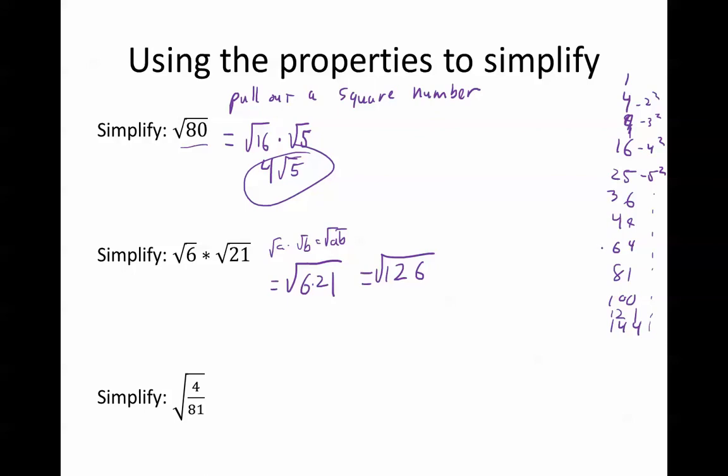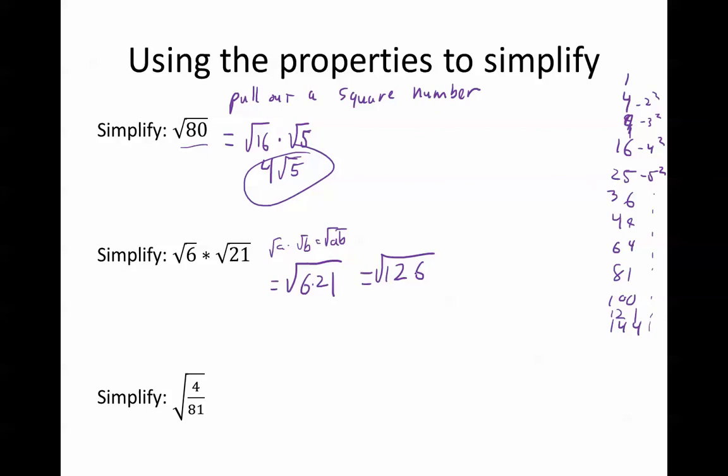Nope, 49 doesn't work. What about 36? 126 divided by 36. It looks close again, but nope, 36 doesn't work. 126 divided by 25, nope. 126 divided by 16, nope. 126 divided by 9. There we go.